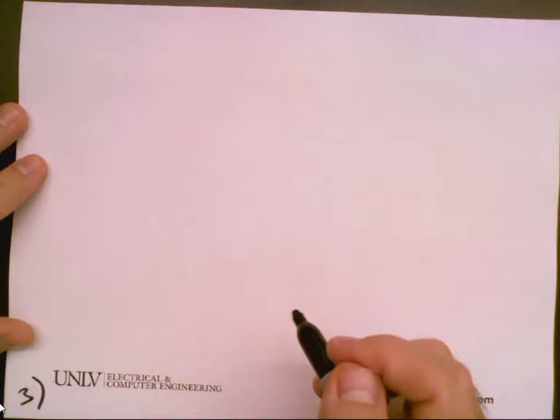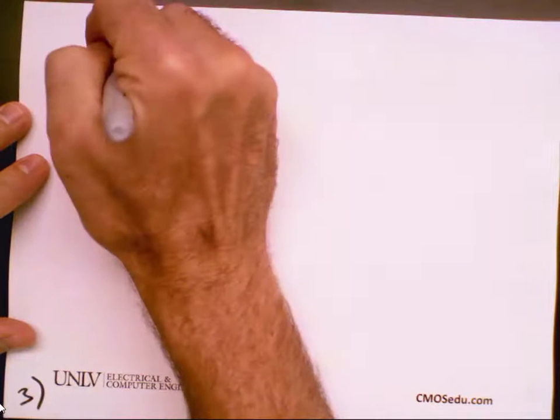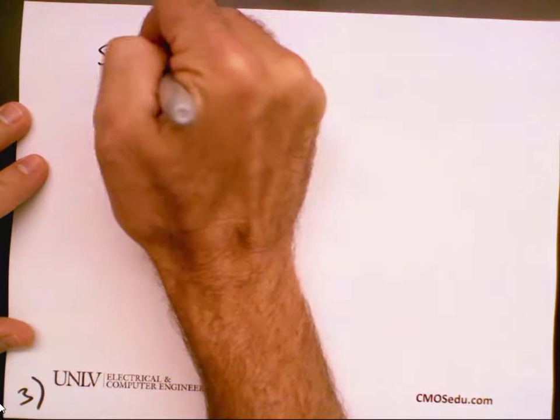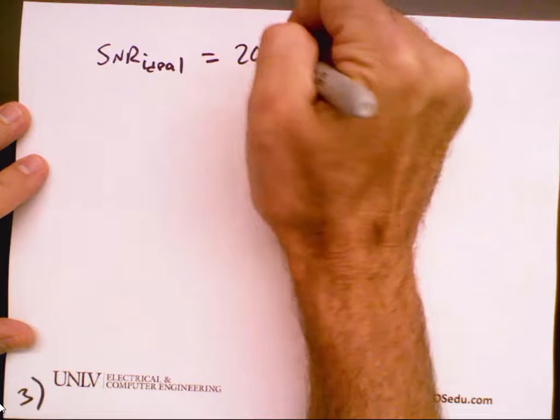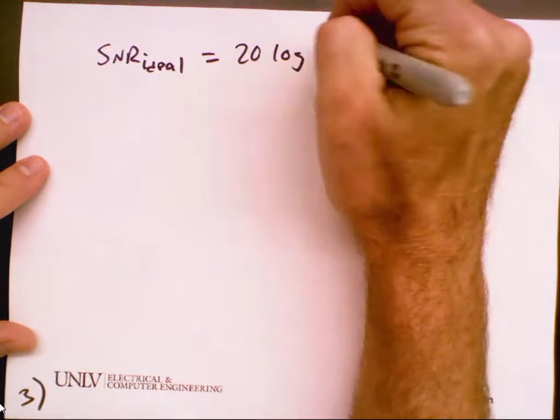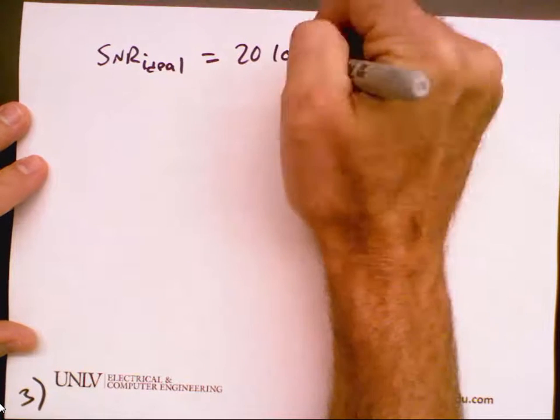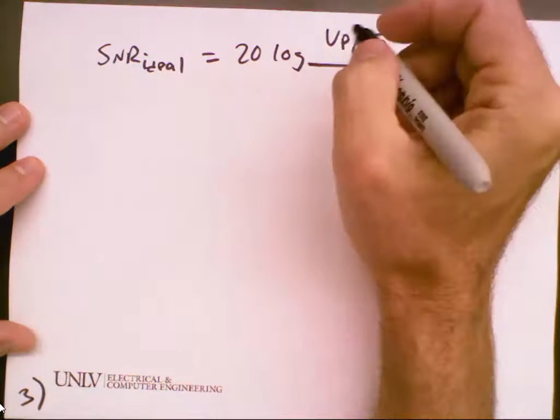And if you want to follow along, this is on page 209. And I'll write SNR ideal. SNR ideal is equal to 20 log of VP over root 2 divided by V noise.